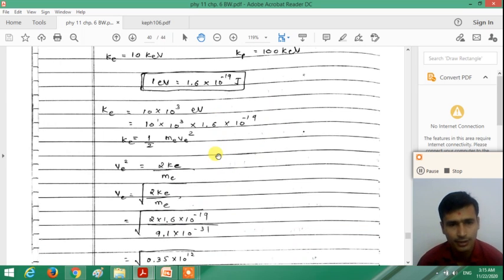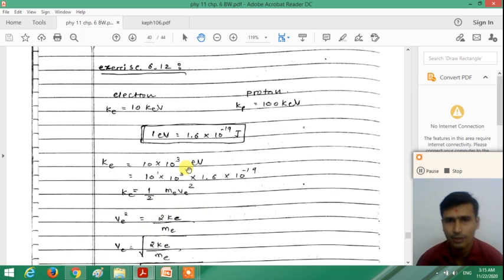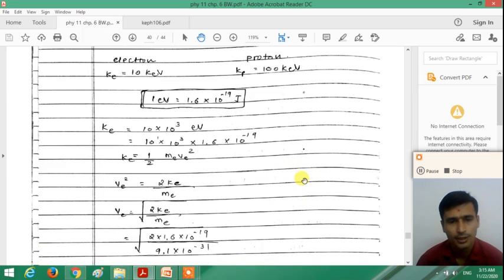So calculate this speed of the electron, similarly calculate the speed of the proton, and from that you can find which one is faster, electron or proton, and find the ratio of the speed of the electron to the speed of the proton. Understand?